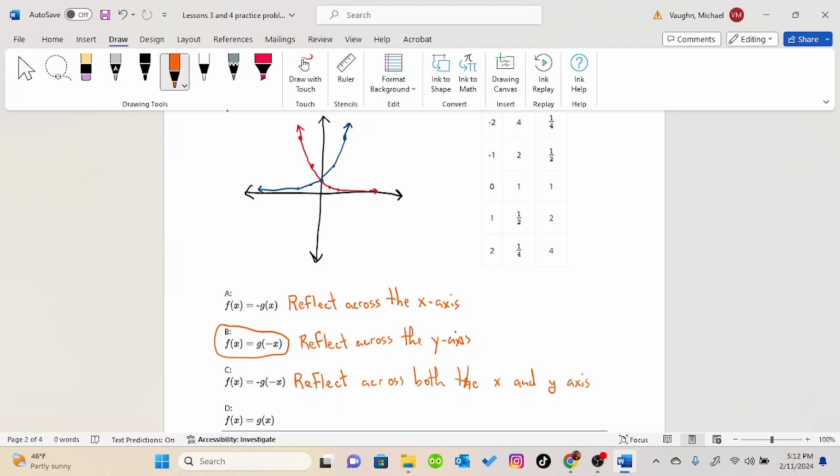And that's not what happened here. And then D says f of x equals g of x. The graphs would be the exact same. So looking at this, we can tell that what happened was B, it was reflected across the y-axis.